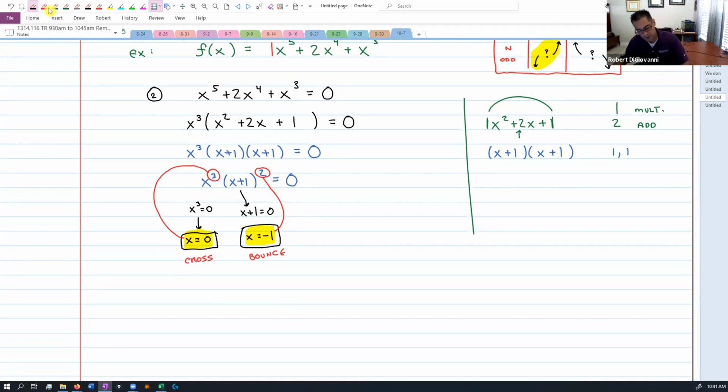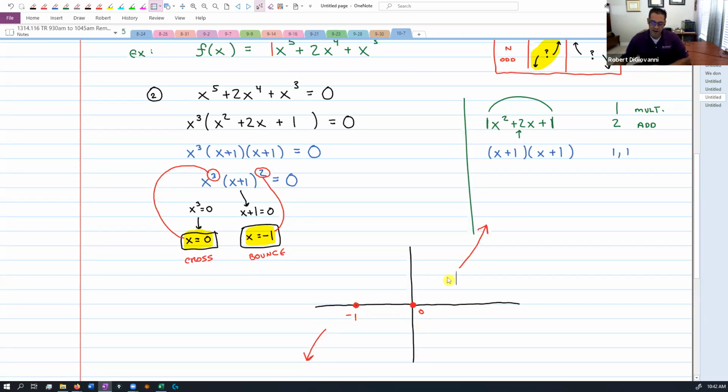I'm going to try and squeeze this picture in right here. I have two x-intercepts, one at 0, one at -1. I know that my left side goes down. I know my right side goes up.